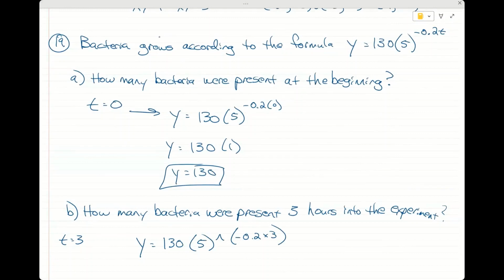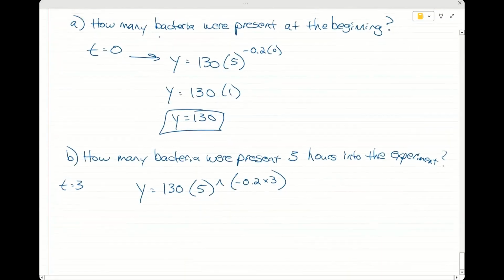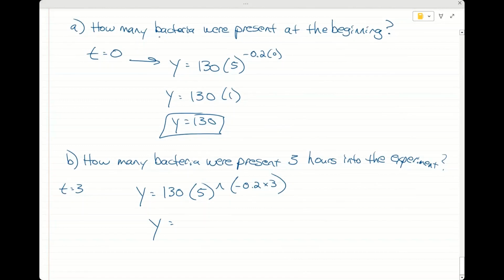So you have to type it in exactly like this. So 130 times 5 to the power of negative 0.2 times 3 is, call it 49.5. I mean, you can't really have half of the bacteria, so we'll just call it 49.